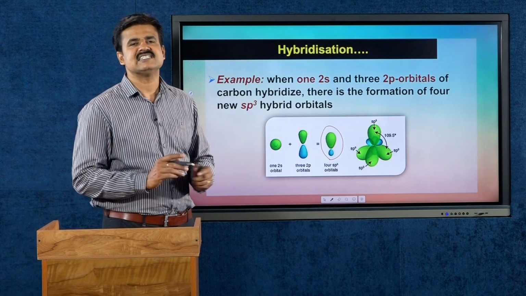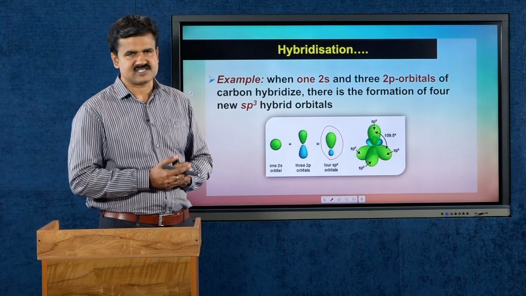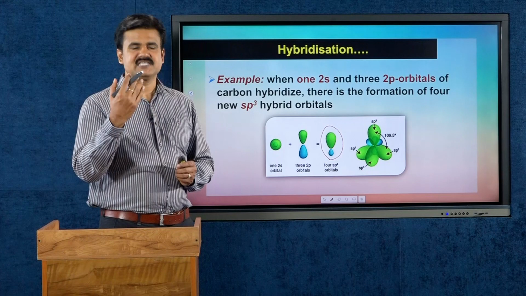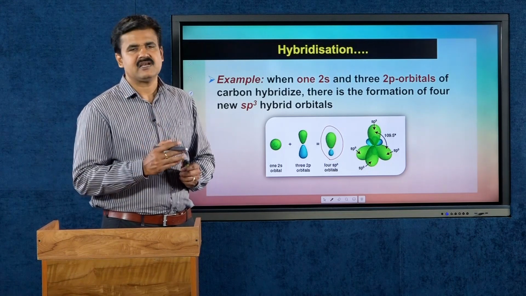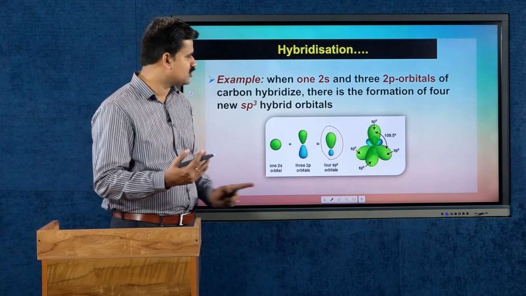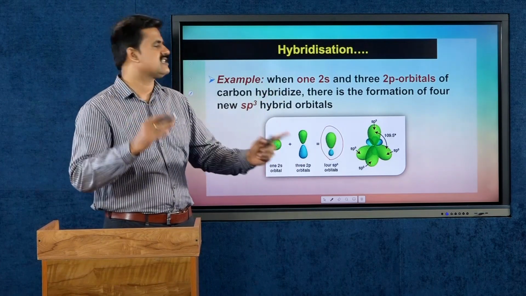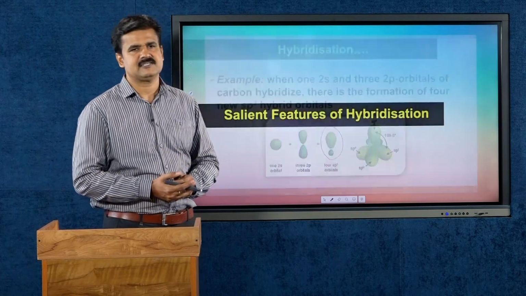So, this is the illustration of sp3 hybridization. Once again, in sp3 hybridization, one s orbital and three p orbitals combine together to produce four sp3 hybrid orbitals, which are arranged at the four corners of a tetrahedron.